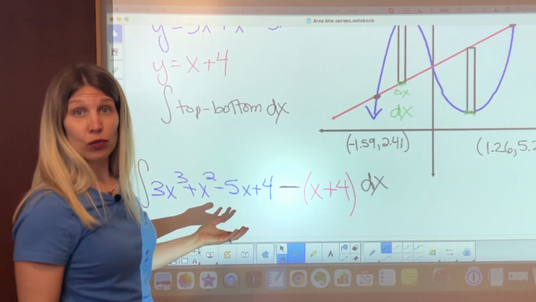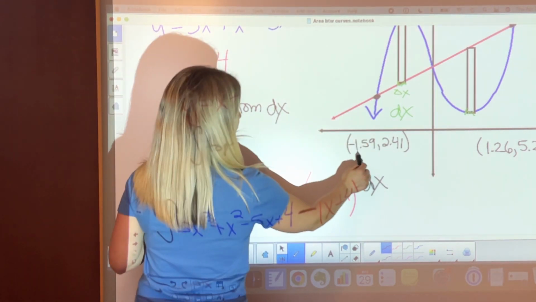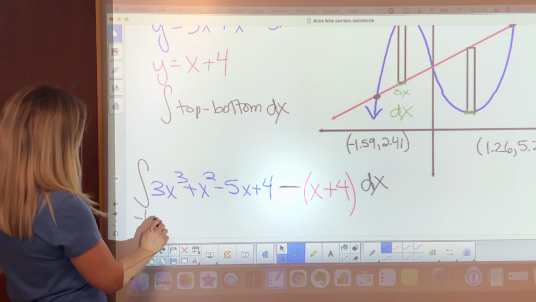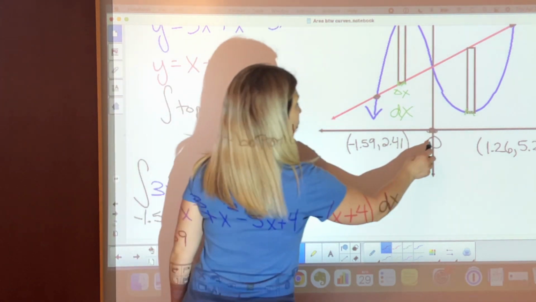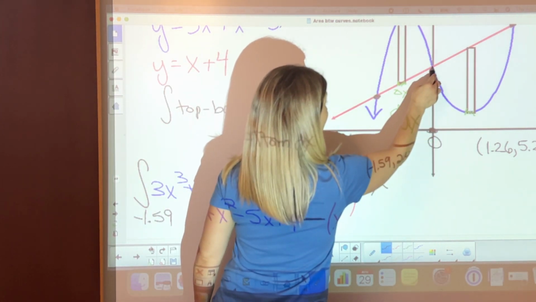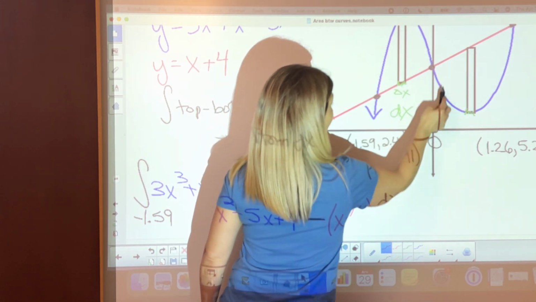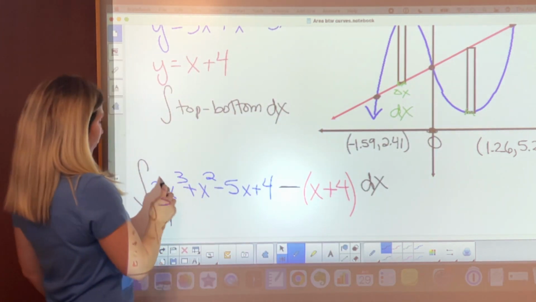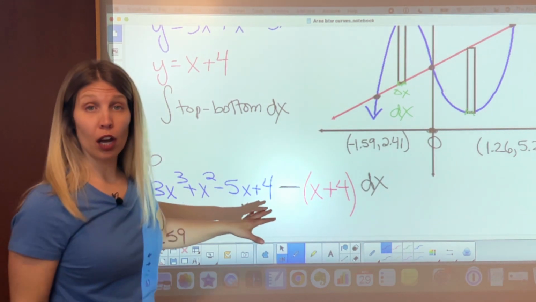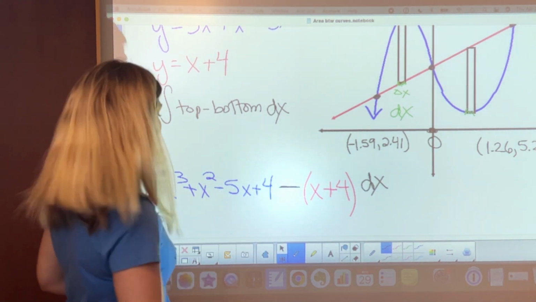And what are our bounds? Well, this starts at negative 1.59, and it goes until x is 0, because that's when the function switches from the blue one being on the top to the blue one being on the bottom. So this is the first part of that equation that you need.